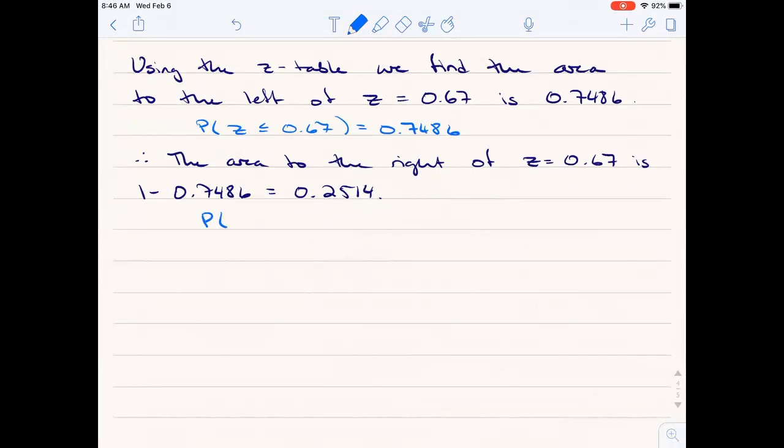And the probability that Z is greater than or equal to 0.67 is 1 minus 0.7486, which is 0.2514. So if you prefer to use the probability notation, then that's fine. Otherwise, I want you to write out that little sentence telling me exactly what you did.